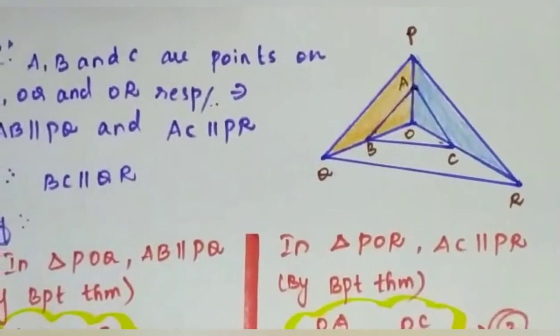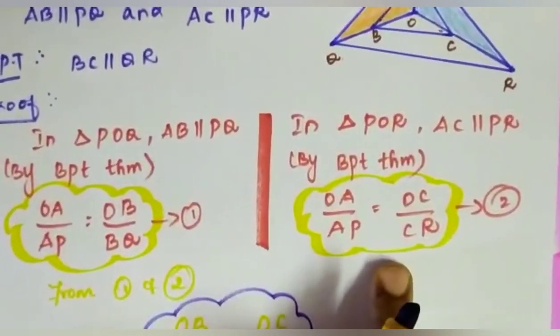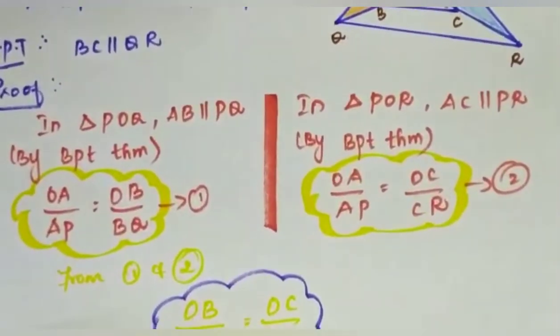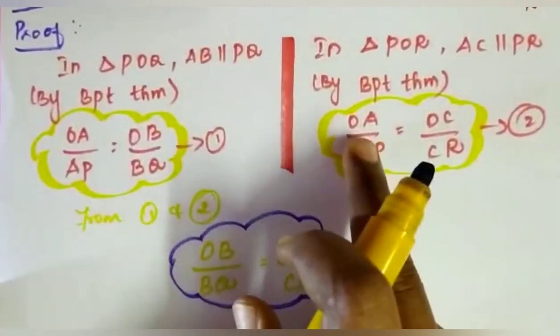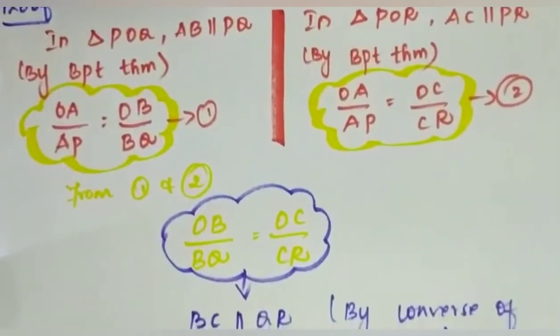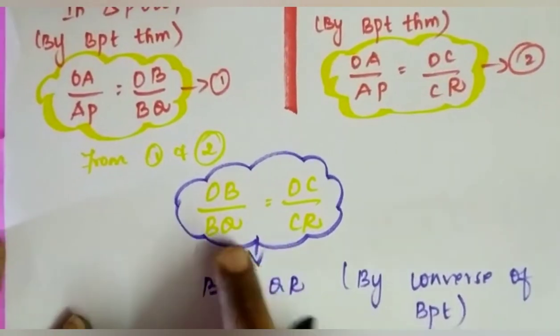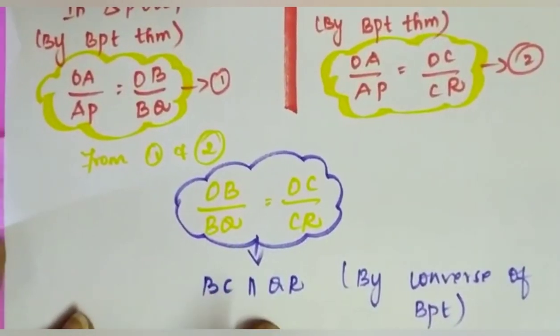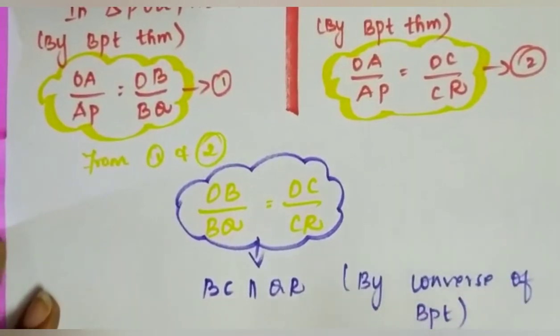So first you have to identify the two triangles and then write that the sides are in same proportion, and from 1 and 2 cancel the same thing, and write the remaining thing, OB divided by BQ is equal to OC divided by CR. Since the sides are in same proportion, we can tell that BC is parallel to QR by using the converse of BPT theorem.